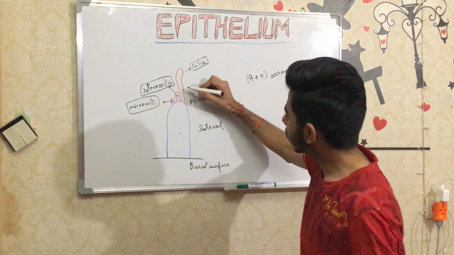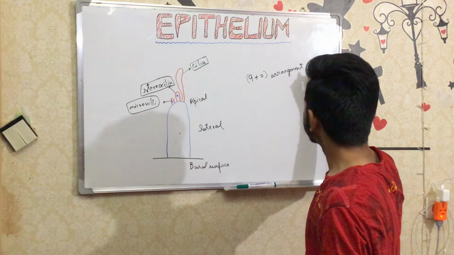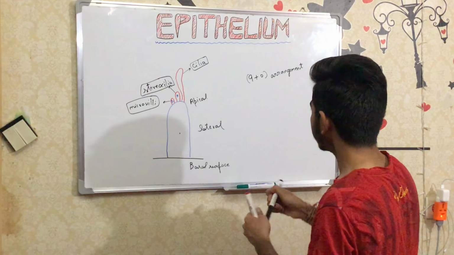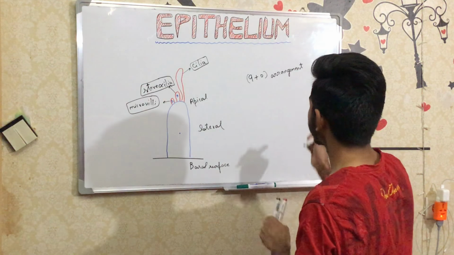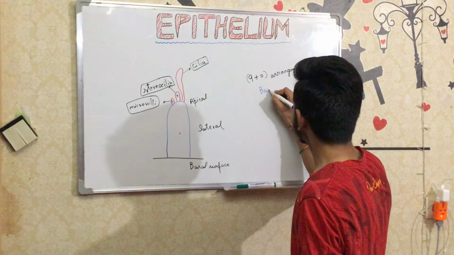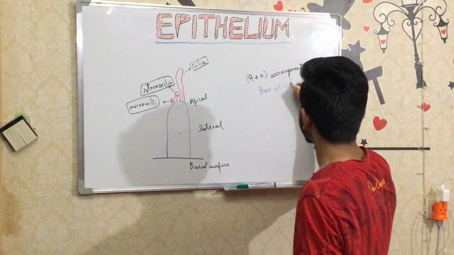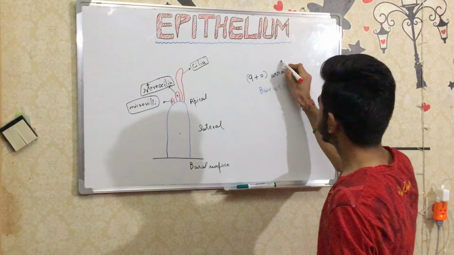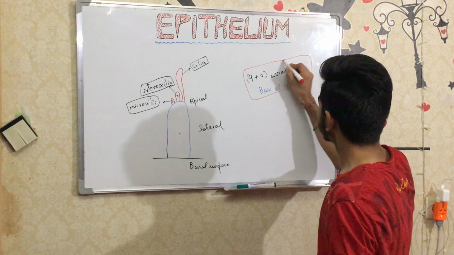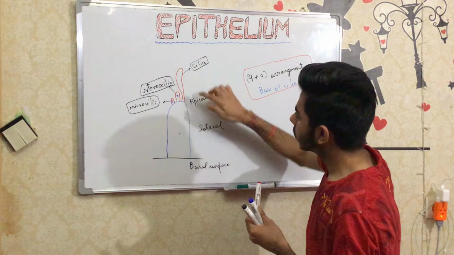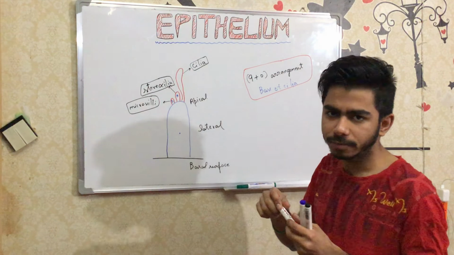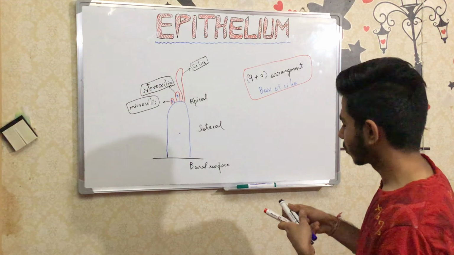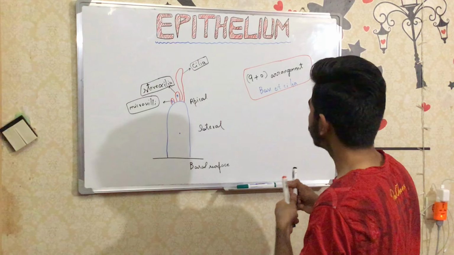In the base of the cilia, the 9 plus 0 arrangement is present. But in the mid portion of the cilia, the 9 plus 2 arrangement is there.